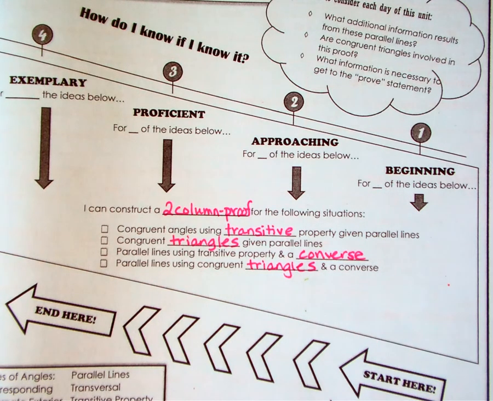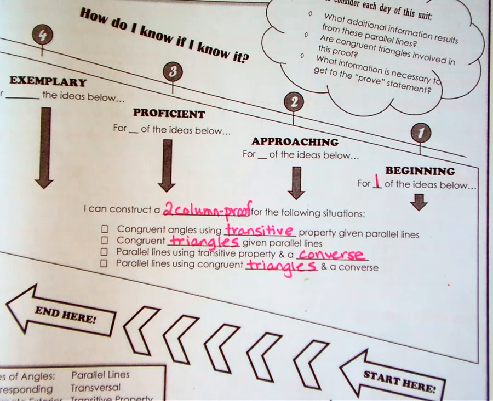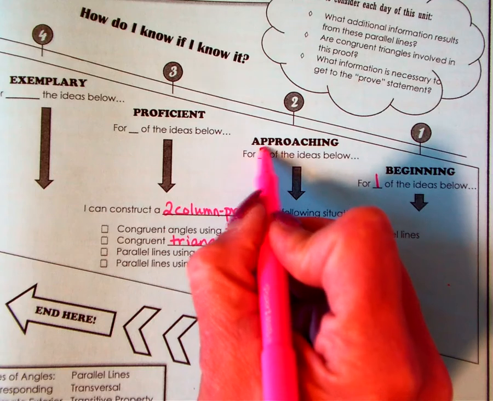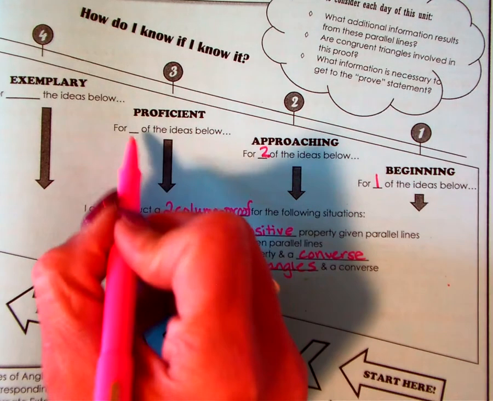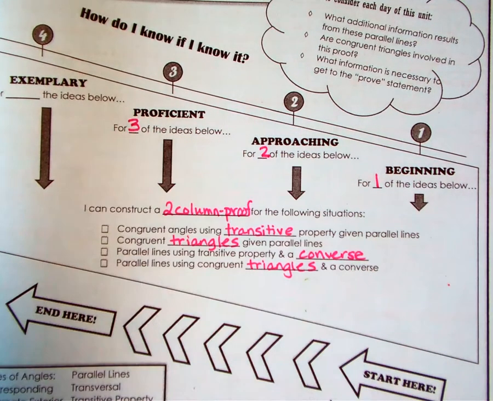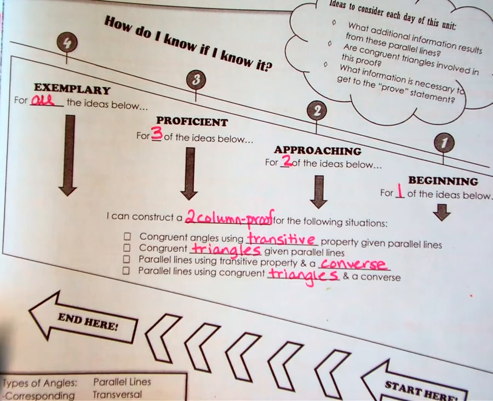Okay, so you're considered to be at the beginning level if, out of these 4, you can do one of those 2-column proofs. At the approaching level, if you can do 2-column proofs for 2 of those. You're proficient if you can do a 2-column proof for 3 of those, and you're considered exemplary if you can do a 2-column proof for all 4 of those.